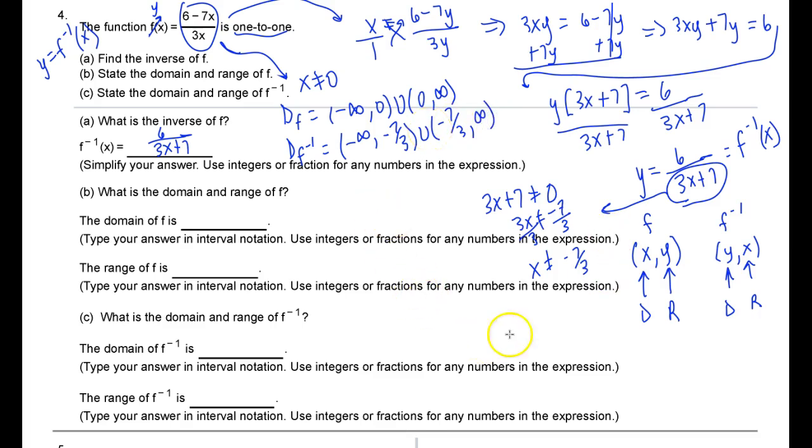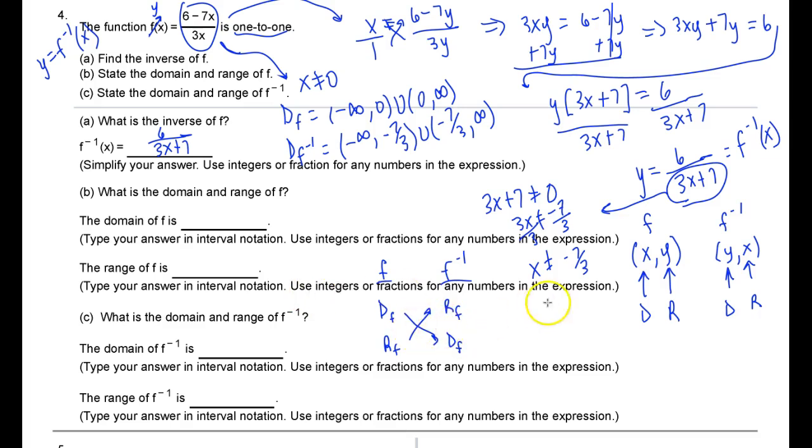Now, since we have this relationship here, that we have the domain of the original function and the range of the original function, we know that for the inverse, everything is the opposite. Whatever the range of the original function is will be the domain, and whatever the domain of the original function is will now be the range.